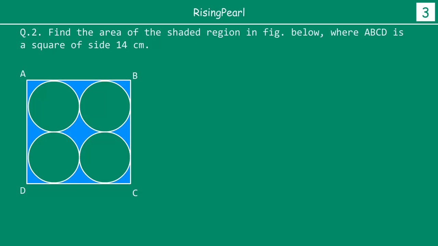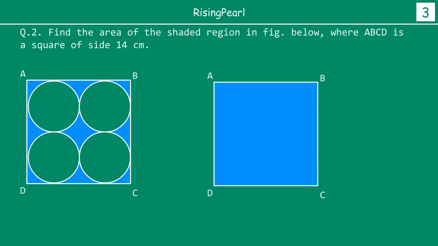So now when you look at this, the first thing that your mind needs to see is that we can find out the required area by thinking: how about we take the entire area of the square, which is highlighted in blue, and then simply subtract the area of the circles?